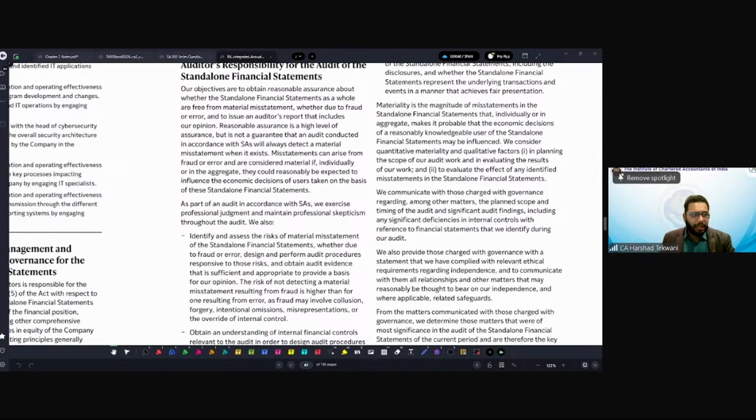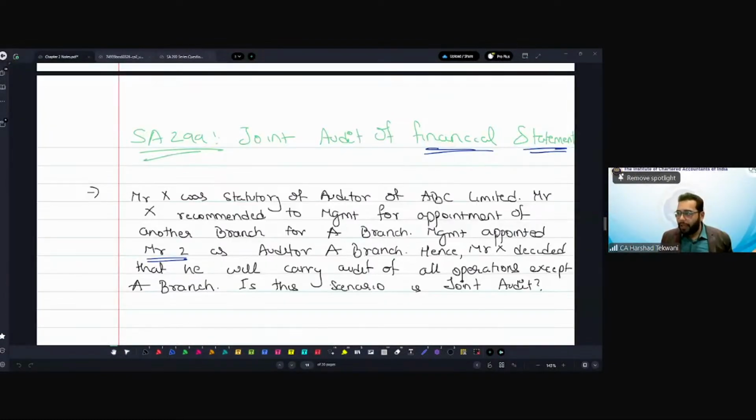I think there's some technical issue. It's not moving. Just give me a minute. Okay, but this is how the joint audit report looks when two auditors issue the report.